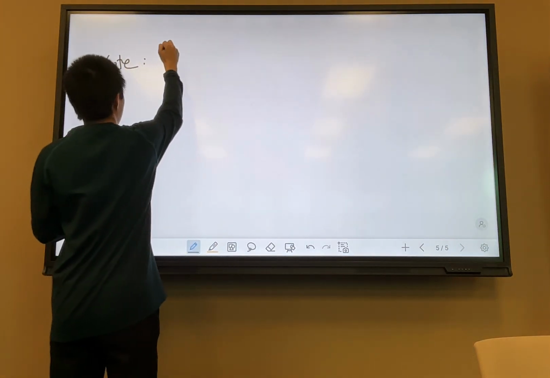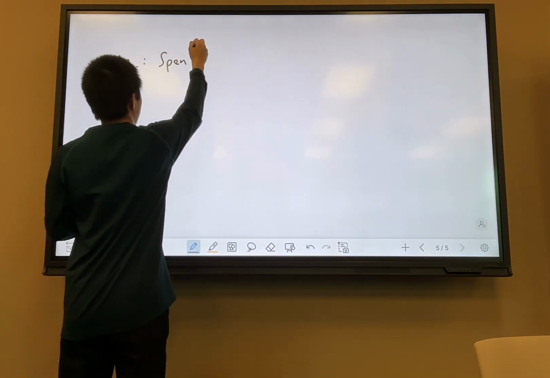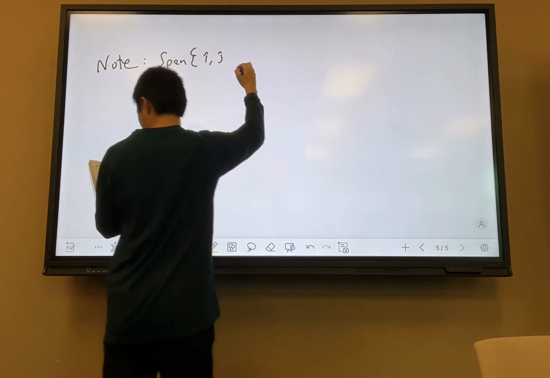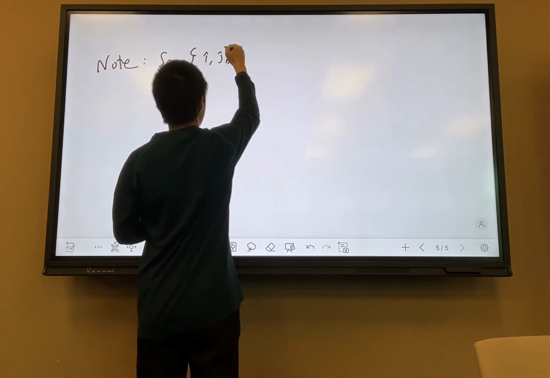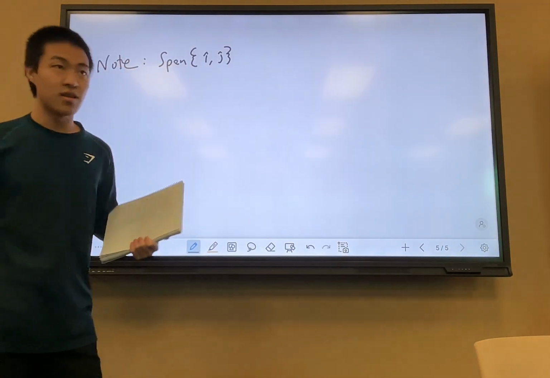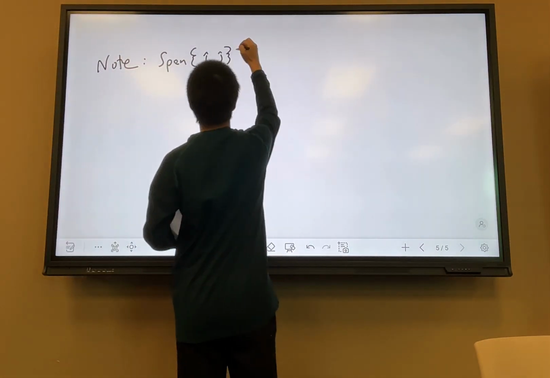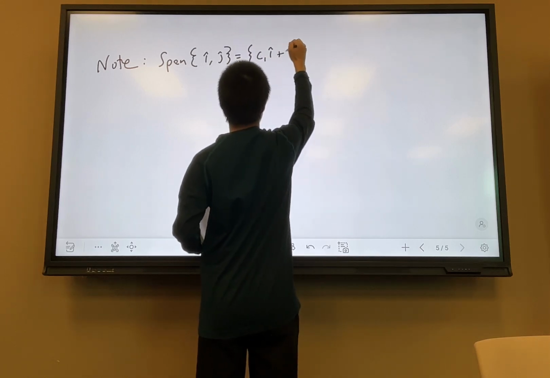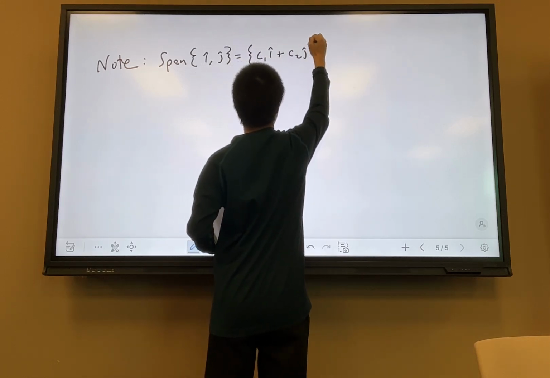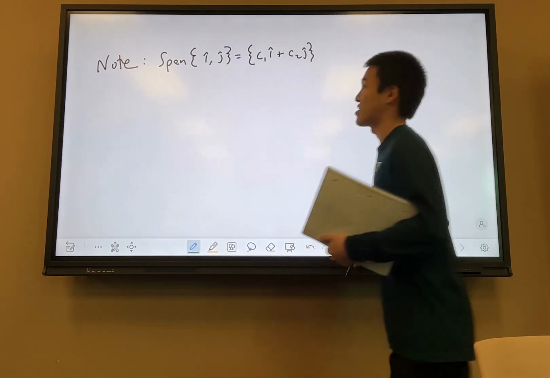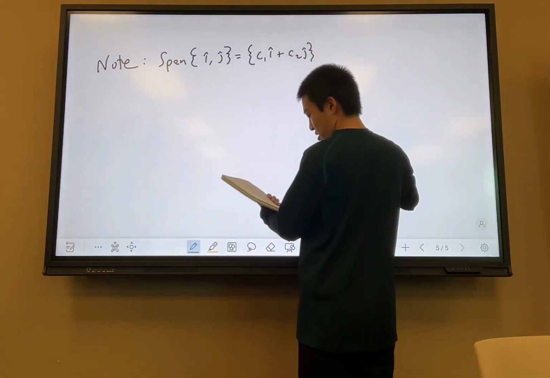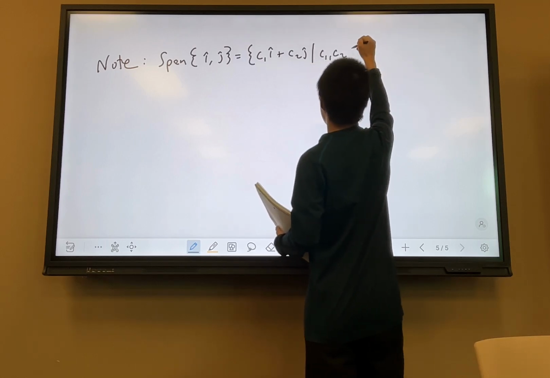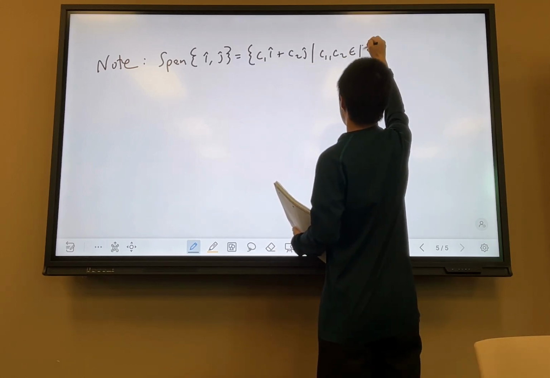If I take the span of i and j, so i hat and j hat, this is all of the linear combinations I can get. c1 with i hat, c2 with j hat. You might think of that as x i hat, y j hat, such that c1, c2, you can think of that as x, y are real.